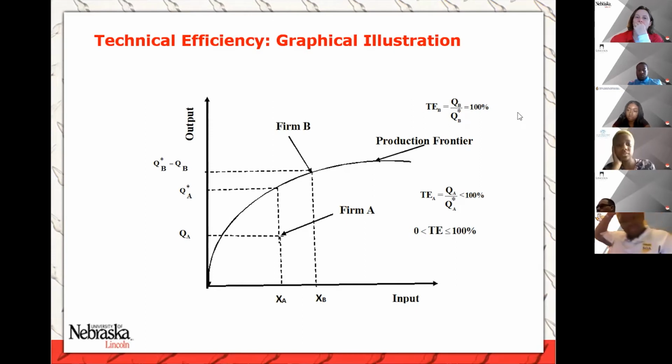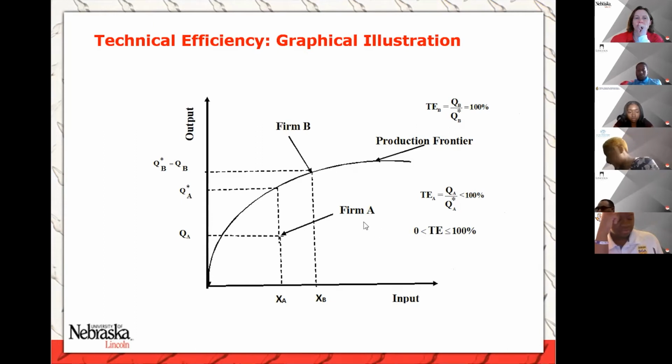And for your information, technical efficiency scores range between 0 and 100%. The closer the score to 0, the less efficient the firm. On the other hand, the closer the score to 100%, the more efficient the firm, okay?